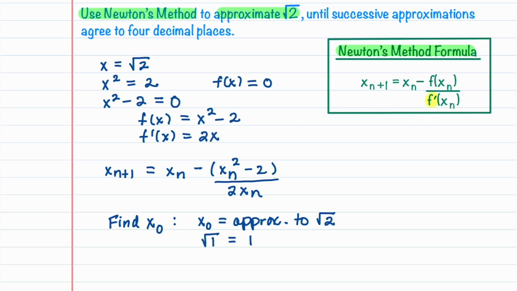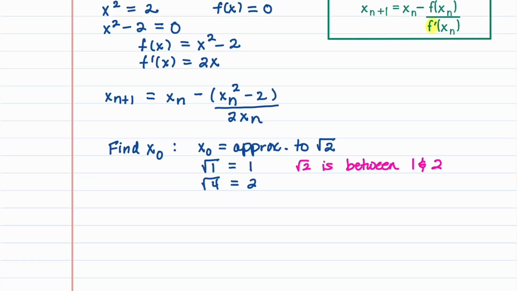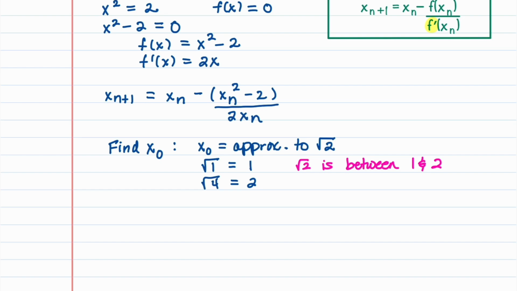And then let's think about a number that we know the square root of. That next number would be 4. So the square root of 4 is equal to 2. This means that the square root of 2 is going to be between 1 and 2. So I think a good approximation to start with would be halfway in between. So let's let x0 be 1.5.